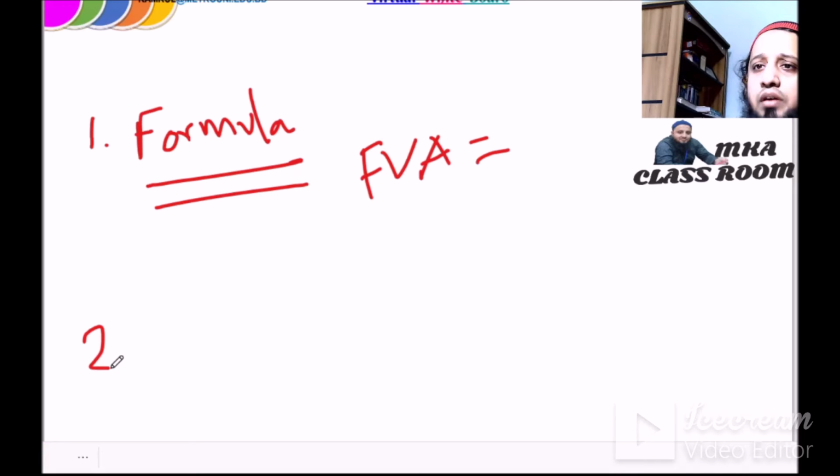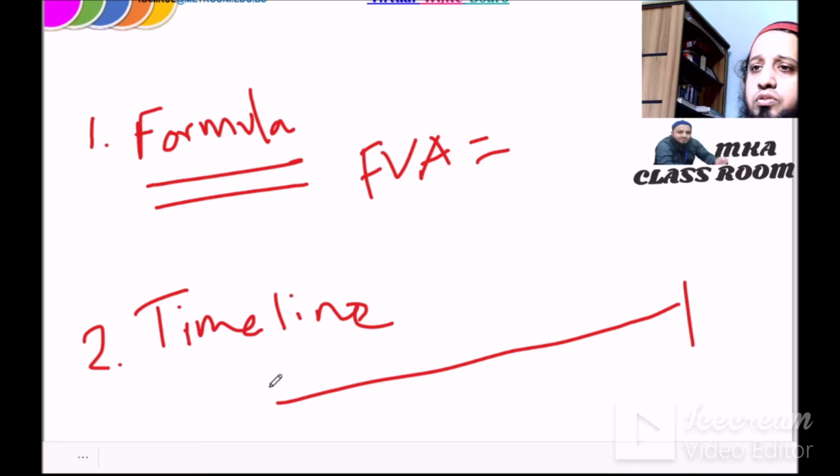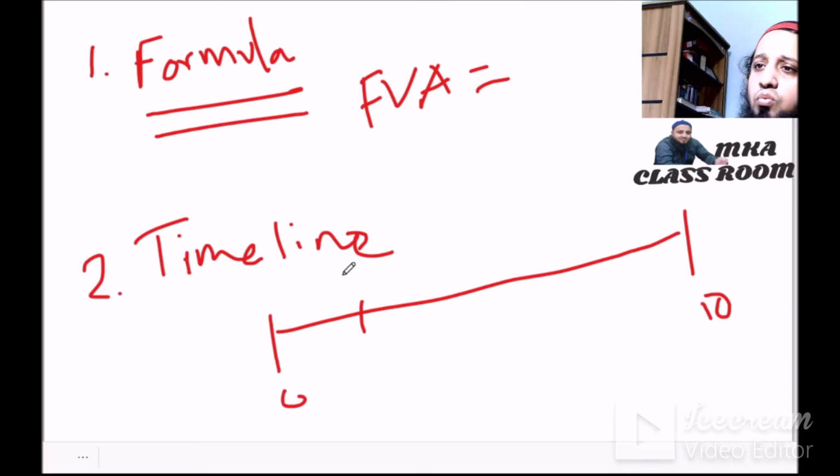Again, we have learned the timeline method, so you can also use it. You can draw your timeline from 0 to 10, and the deposit of 5,000 starts 1 year from today. In this way you can solve your problem.